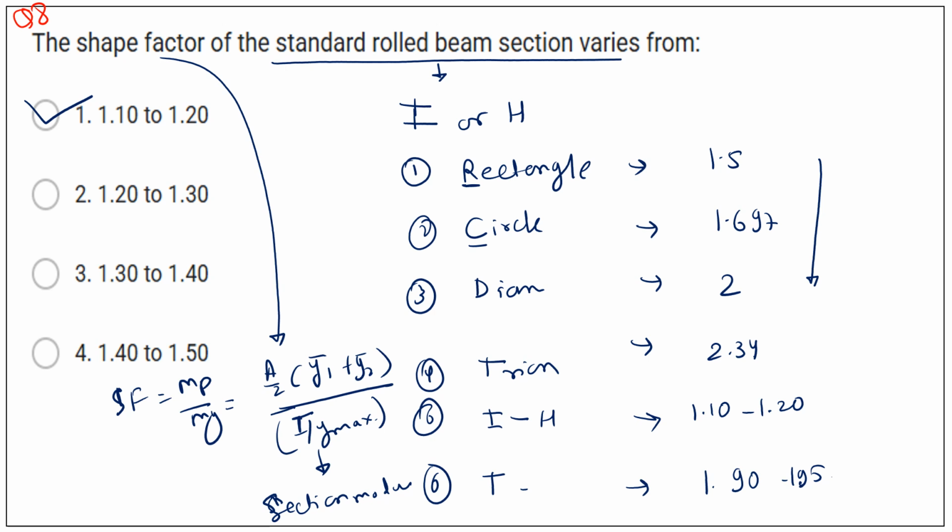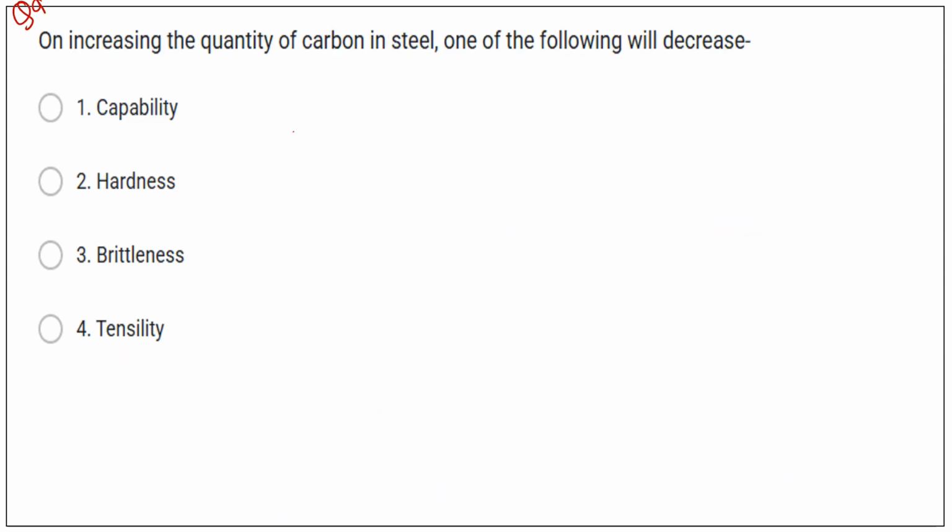The next question, question number 9. On increasing the quantity of carbon in steel, one of the following decreases. Let's discuss what happens when the quantity of carbon increases. First, if the carbon content increases, then the strength of the steel increases.